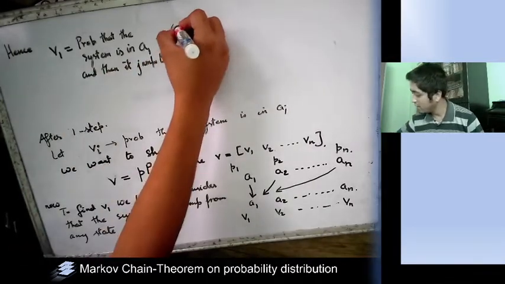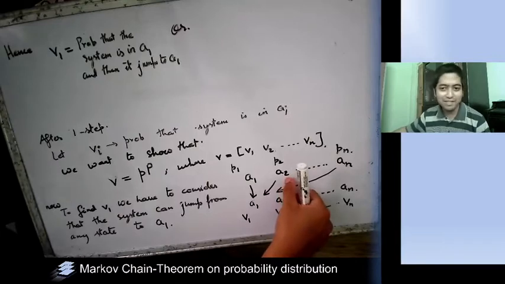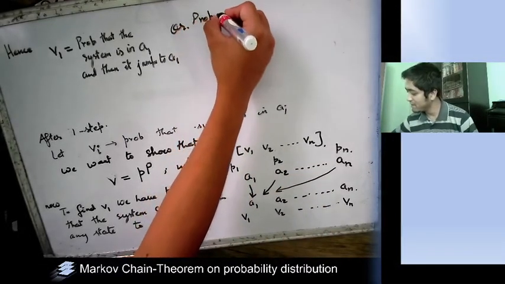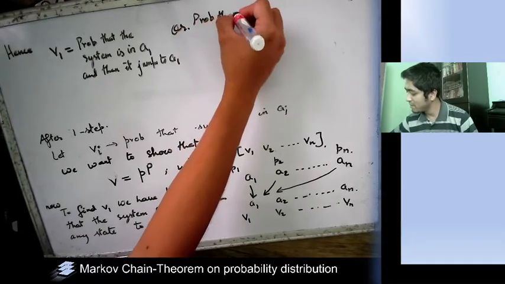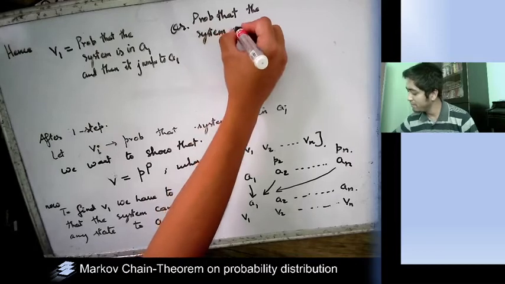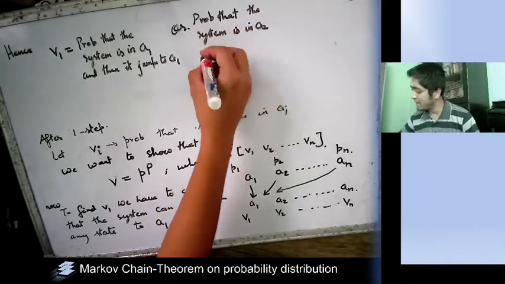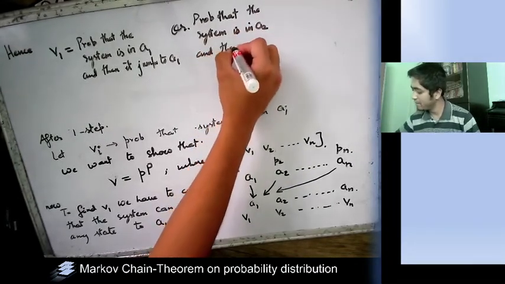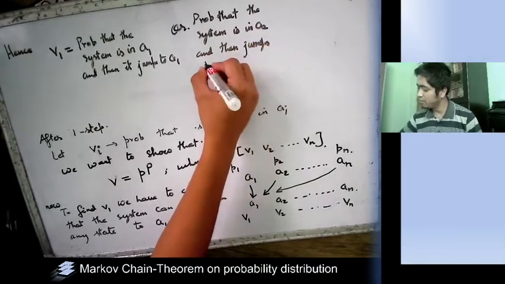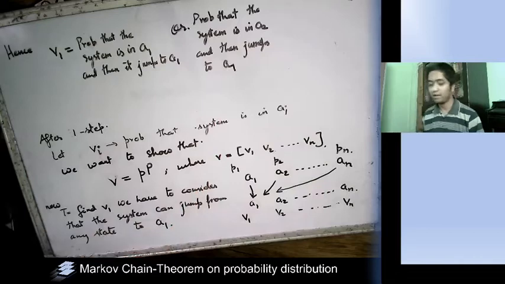or maybe initially it was at A2, so the probability that the system is in A2 and then jumps to A1.